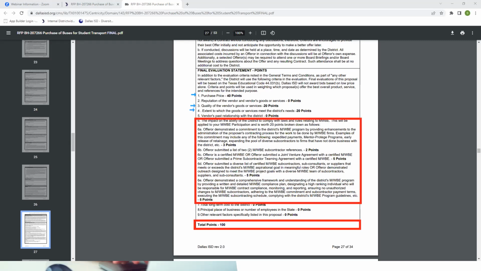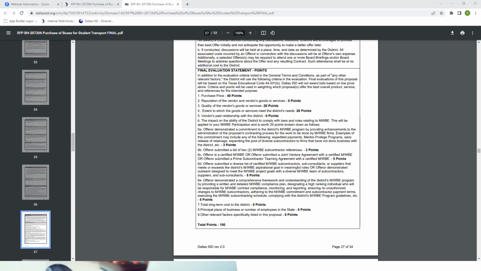The importance of understanding that is because I tell vendors all the time, I want you to see every single document within this package as points. Just see it as being a value of something.